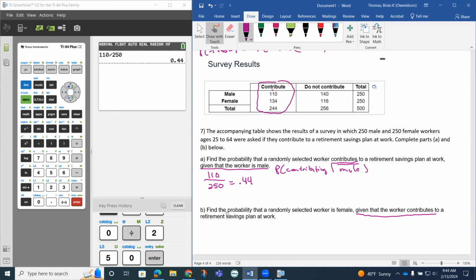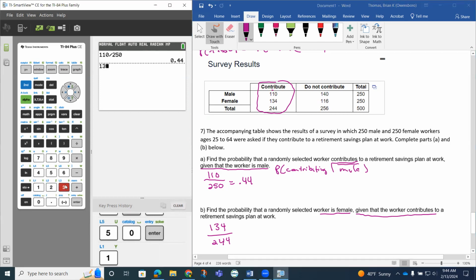Of those who contributed, we want to know the probability of selecting a worker that is female. In this group, there are 134 females out of the 244 who contribute. That would be the math involved here. The desired outcomes are the 134, and my big sample space is the 244 that have already contributed.